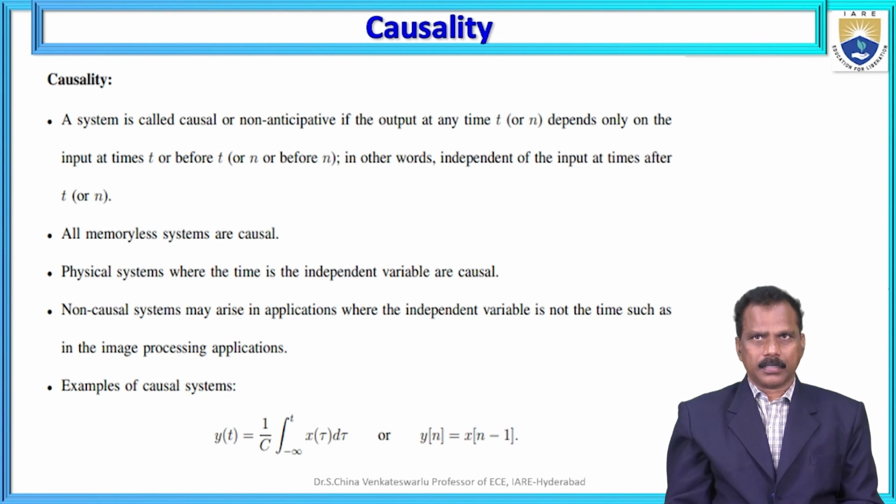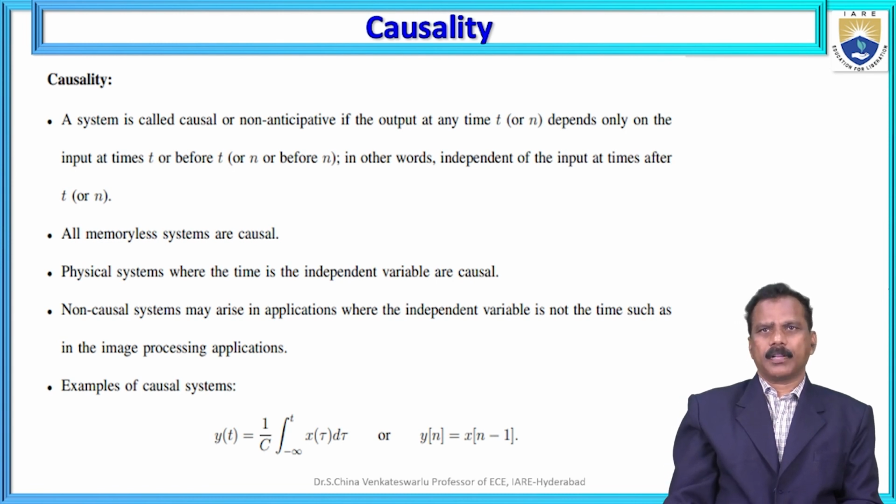Next, coming to causality, the system is called causal, or you can consider it non-anticipative, if the output at any time t or n depends only on the input at times t or before t, or n or before n.